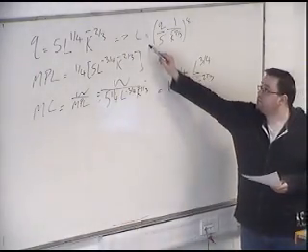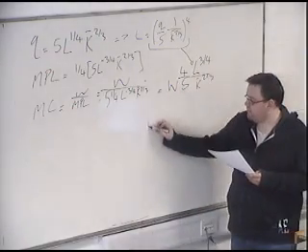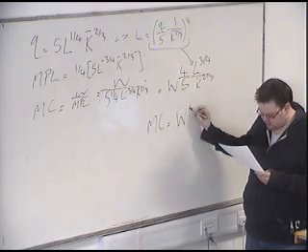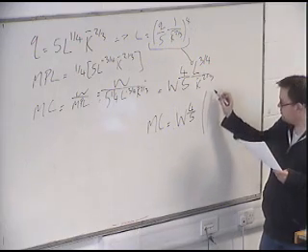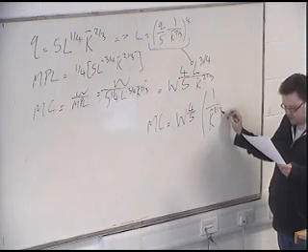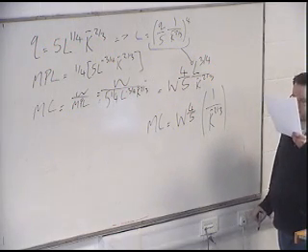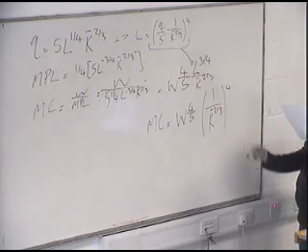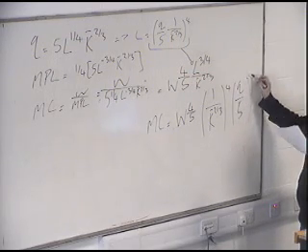So putting this in here for this L, you arrive at your answer. Marginal cost is equal to W times 4/5 times 1 over K bar to the 2/3 to the power of 4 times Q over 5 to the power of 3.